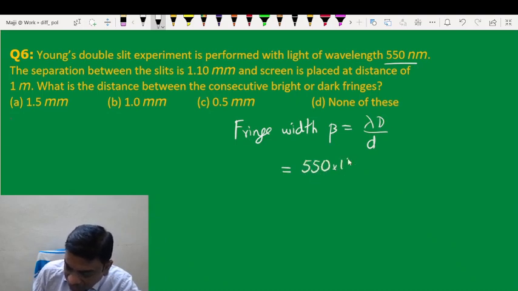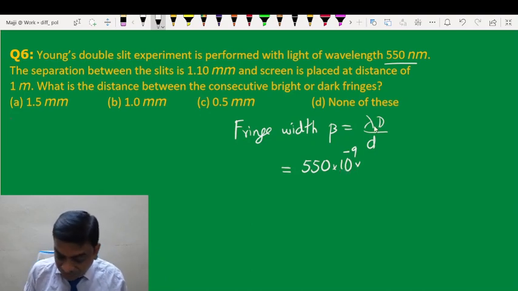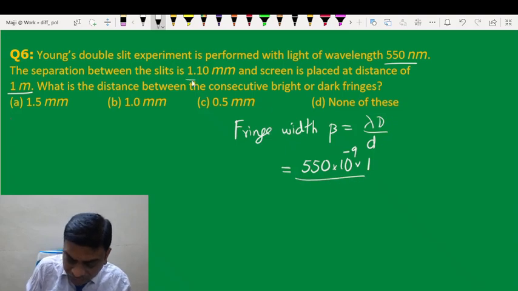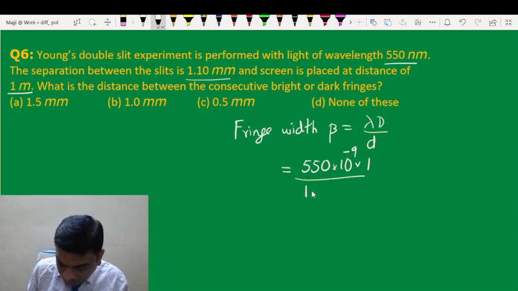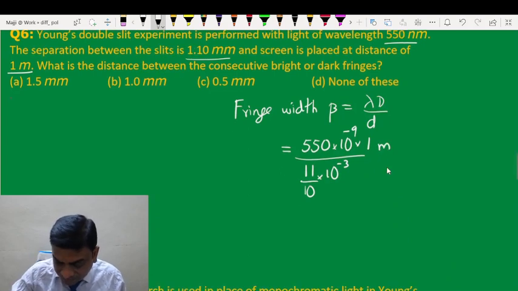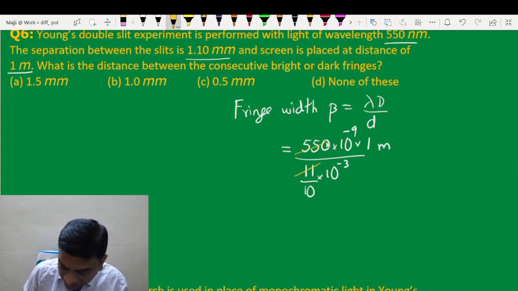550 nanometer. Nano means 10 power minus 9. I am substituting everything in SI unit, students. Then capital D is 1 meter, and small d is 1.1, that is, you can call it as 11 by 10 millimeter. Milli means 10 power minus 3. So we'll be getting the answer in SI unit. So as you can see, 11 by 10, and this 10 goes up.